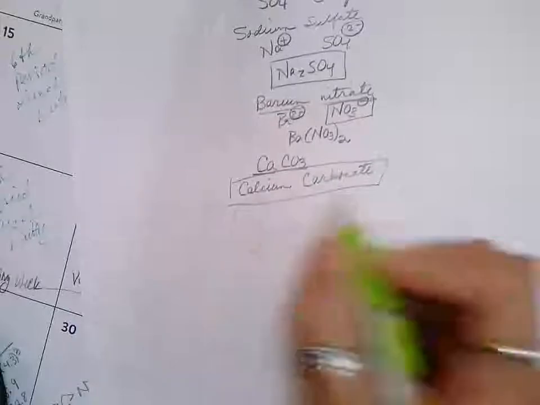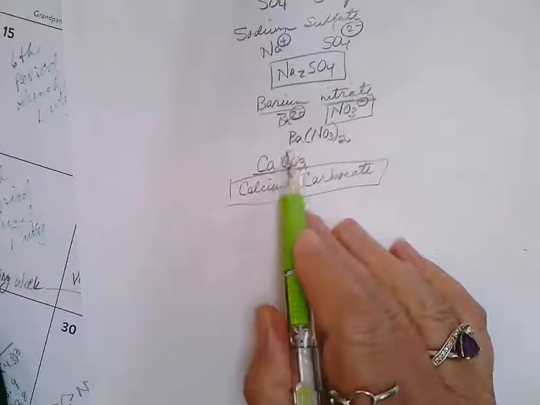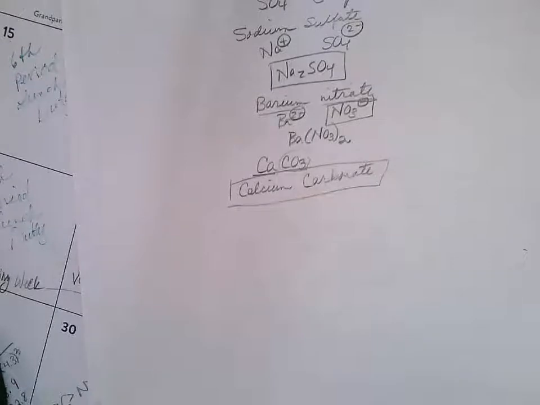That's not too difficult. We don't care what the subscripts are, except for when we're naming this ion. So we've talked about ionic compounds. We've talked about ionic compounds with variable charges for the cation.